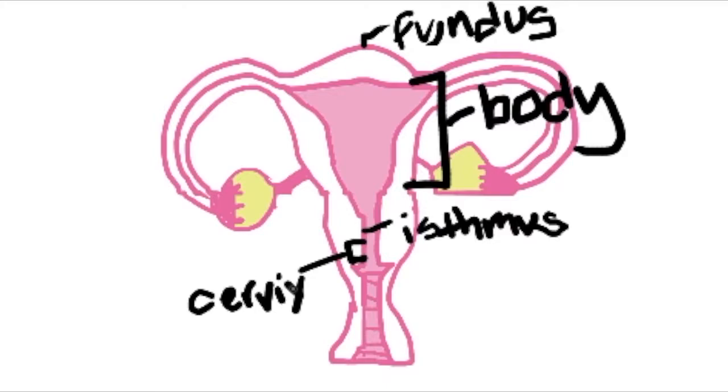And then on either side of the uterus are structures referred to as the uterine horns, which connect the uterus to the fallopian tubes. So here and here we have our uterine horns.